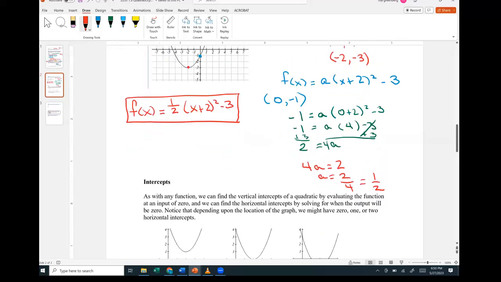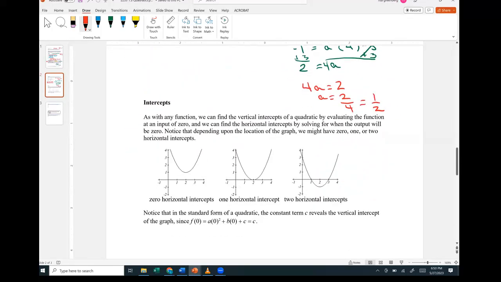Not too bad, right? Okay, so intercepts. As with any function, we can find vertical intercepts of a quadratic by evaluating the function at an input of 0. New information. So when x equals 0, we will find our vertical intercept, right?